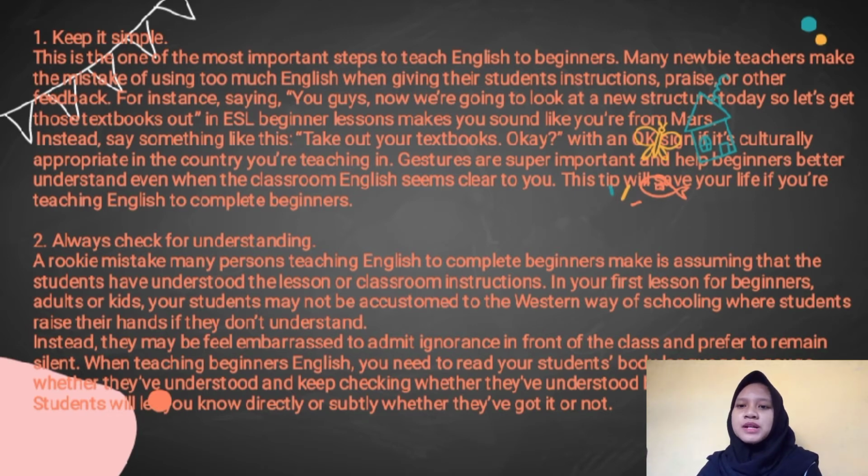Instead, say something like this: "Take out your textbook, okay?" with an okay sign if it's culturally appropriate in the country you're teaching in. Gestures are super important and help beginners better understand. Even when the classroom English seems clear to you, this tip will save your life if you're teaching English to complete beginners.